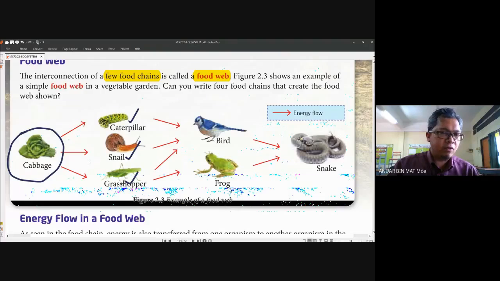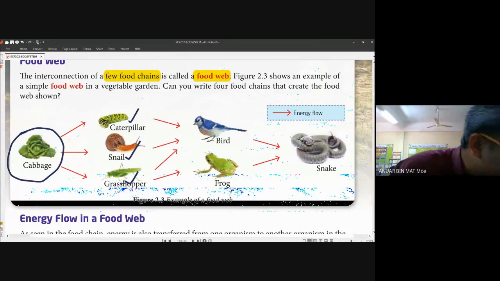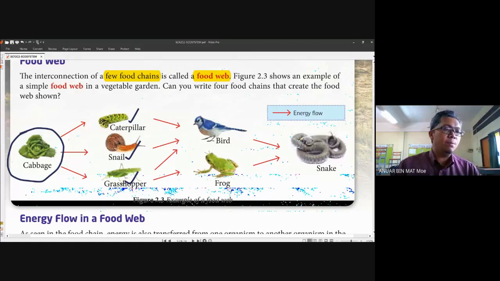Caterpillar, snail, and grasshopper are what we call consumers. Which consumer, Yingtung? What type of consumer? Yes, correct. It is a primary consumer.